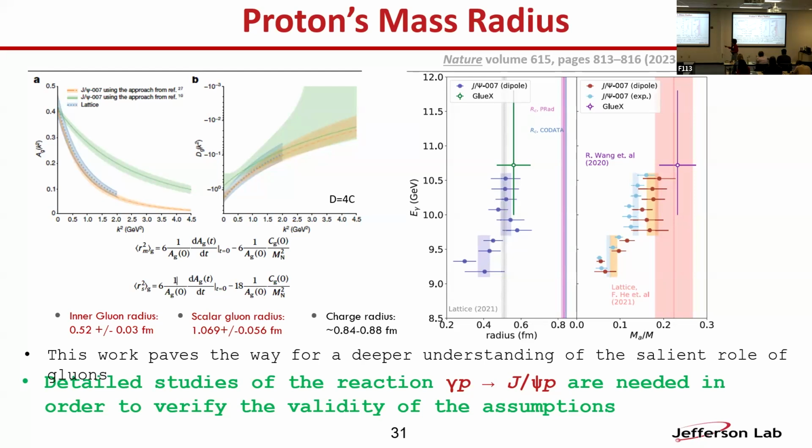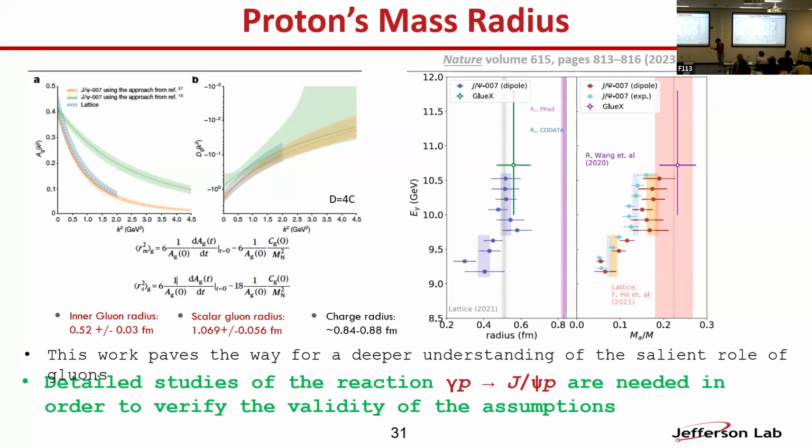First of all, this is the important result. This pink is the charge radius of the proton, 0.8, more or less. This is the mass radius of the proton. So it's much smaller than the charge radius.